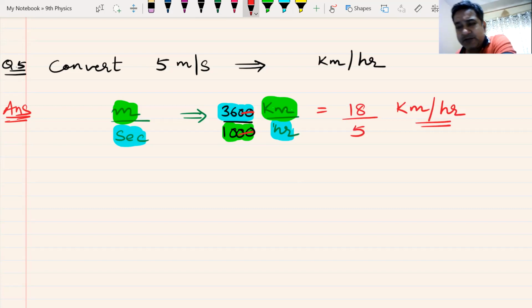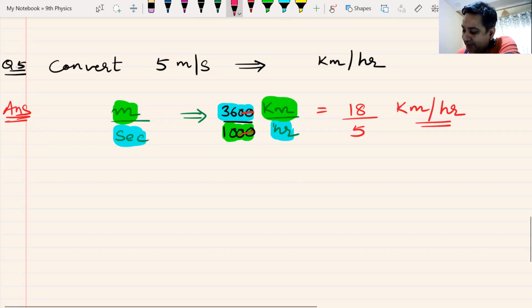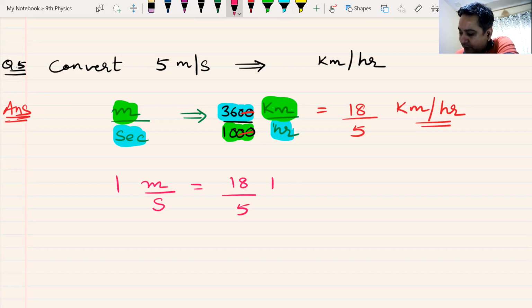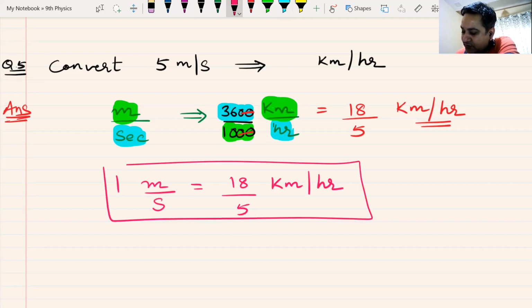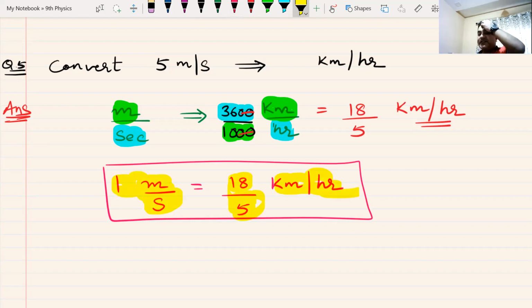If you can't remember this, you can always find it out. So the relation that I get is this one, 1 meter per second is equal to 18 by 5 kilometer per hour, and you can use this to convert meter per second into kilometer per hour. Do we understand this?